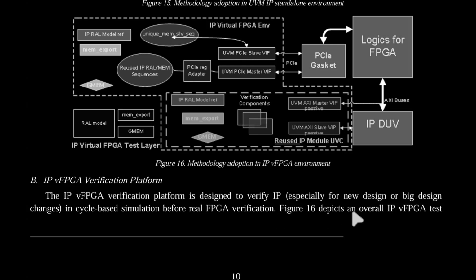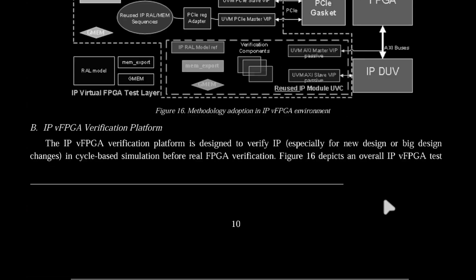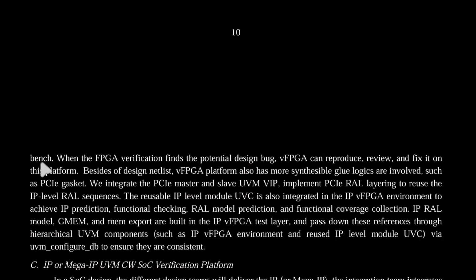Figure 16 depicts an overall IPv virtual FPGA test bench. When the FPGA verification finds a potential design bug, virtual FPGA can reproduce, review, and fix the issue in this platform.